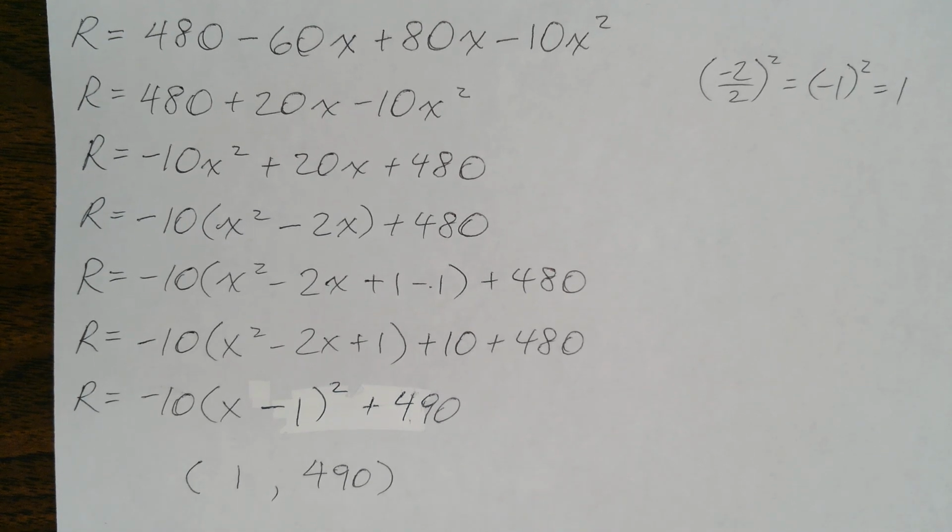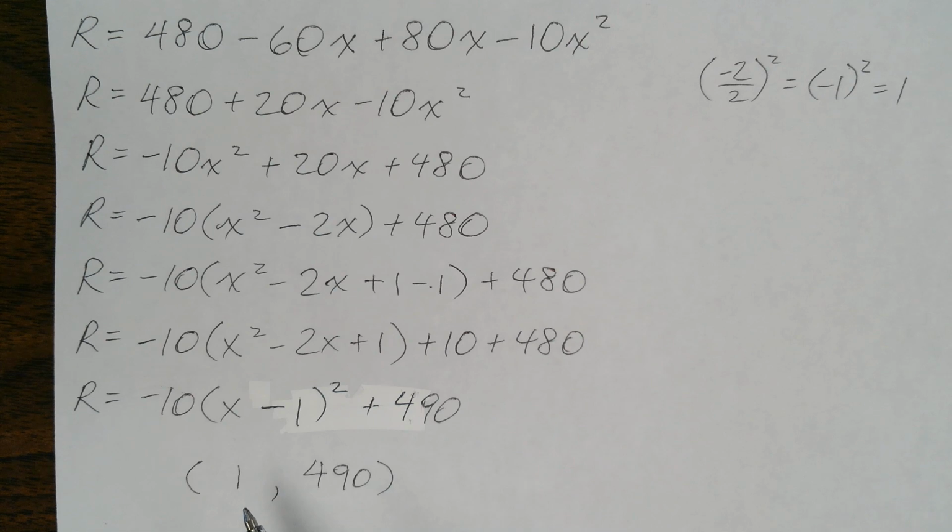Okay, so does that mean I should set the price of the ornaments as $1? So if it's $1, I'm going to make $490. Is that what it means? You're right, it's not. All right, so what is this 1?